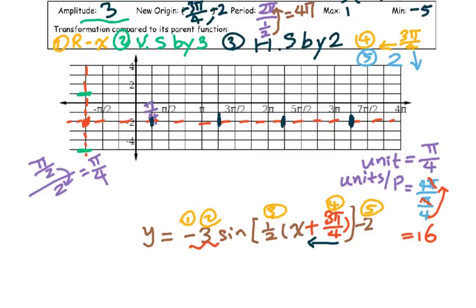So from the new origin, go up 3, then down 3. This is a negative sine pattern. That means when you push this sine down, you will get it like this. So we got the 5 key points from the midline. 1, 2, 3, 4, 5.